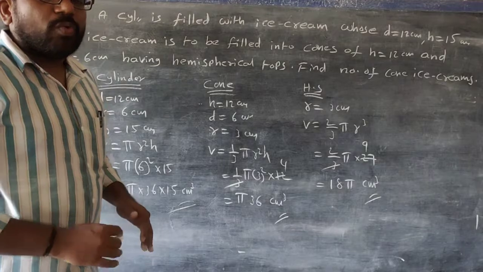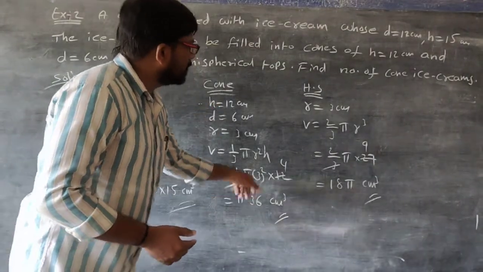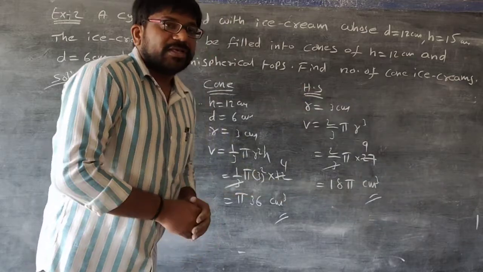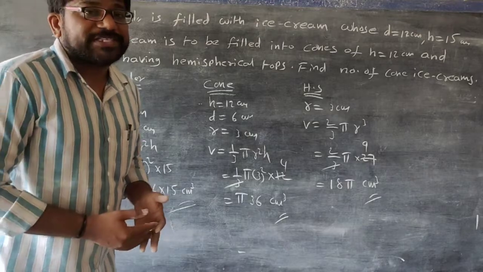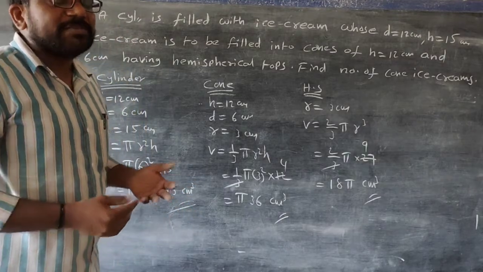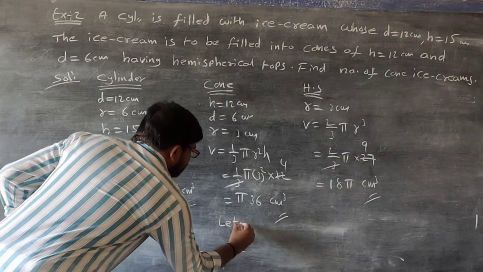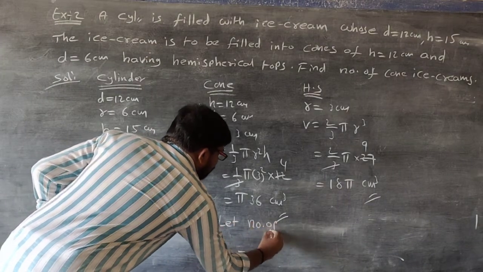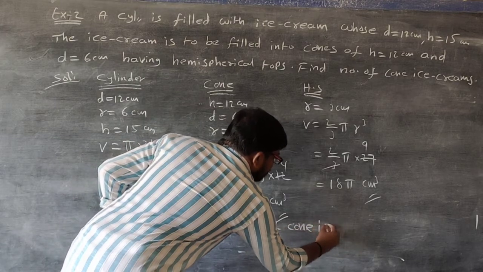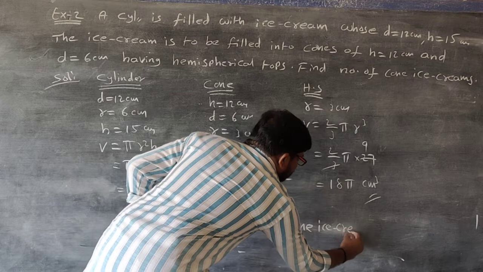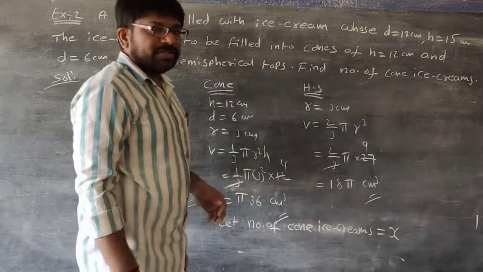Observe carefully. Volume of a cone ice cream is volume of cone plus volume of hemisphere. Right? So we don't know here the number of cone ice creams. Let the number of cone ice creams be X. Right?